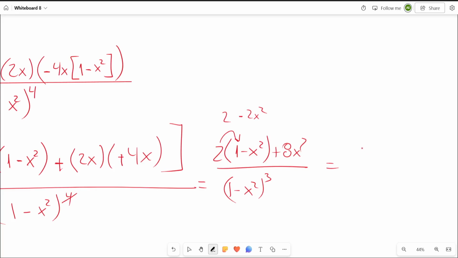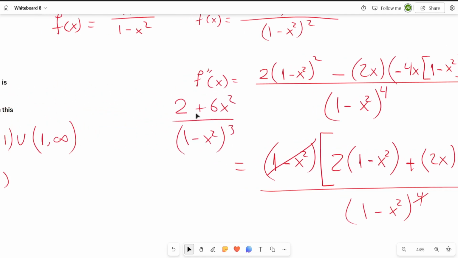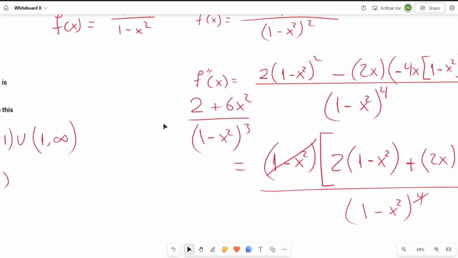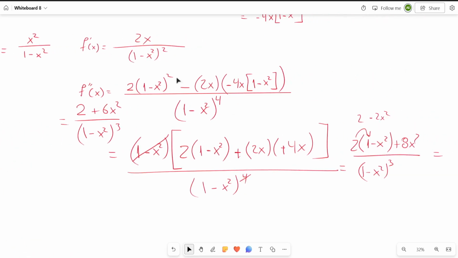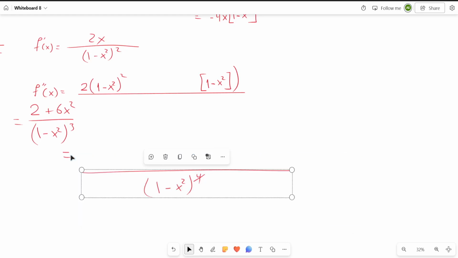So this is finally equal to 2 plus 6x squared over 1 minus x squared to the power of 3. So this over here is my f double dash of x. This is my second derivative over here. We can erase what we don't need. Save some space.